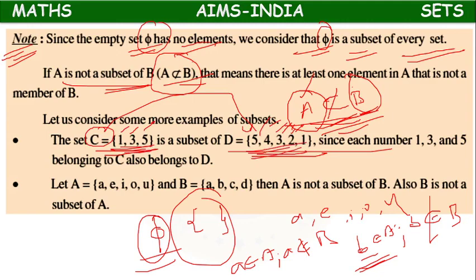Out of that 5, all 3 are present in D. So we can tell that C is a subset of D. C is a subset of D also, because all the elements are belonging to D.